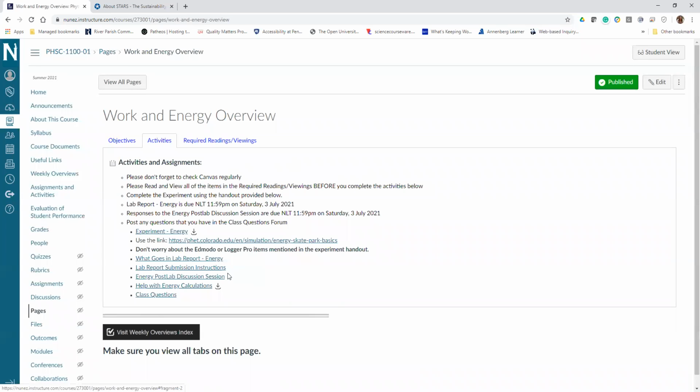Now, when you go into the actual experiment and the simulator, they talk about Edmodo and Logger Pro. That's why I bolded it here. You don't have to worry about that. Edmodo and Logger Pro is for if you're using those fancy handheld calculators, but we are not. So don't worry about it.